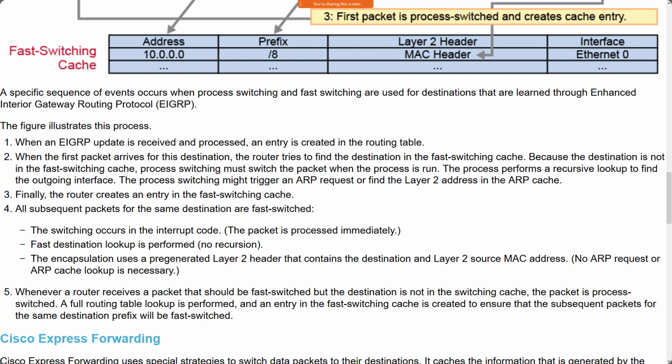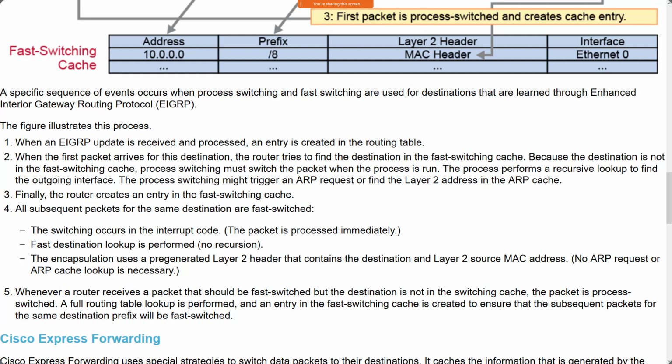So it says here now the switching occurs in the interrupt code, meaning that it's processed in hardware. The fast destination lookup is performed, meaning we go to the fast switching cache. We don't have to do any recursion. And then the encapsulation is generated based on the information that's stored in the fast switching cache. So we're not doing an ARP request. We're not waiting for an ARP reply, etc.